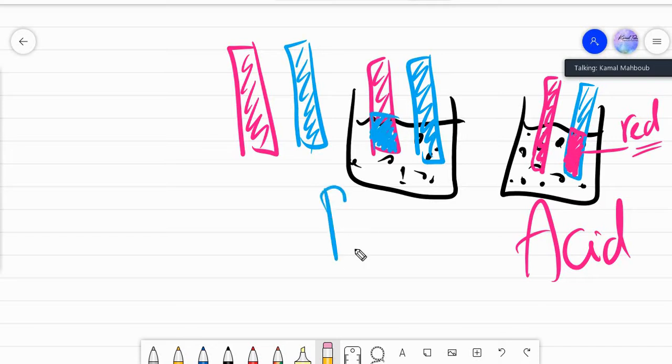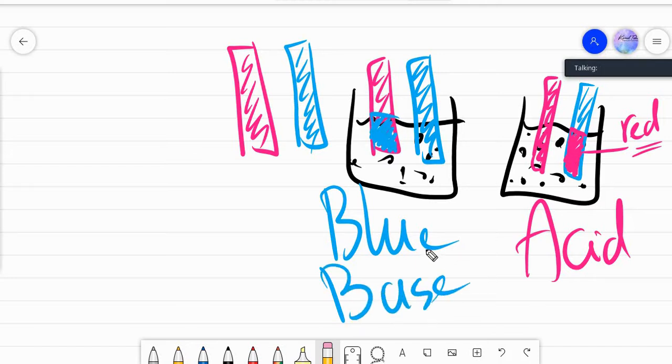When this one turns to blue, it means base. Can you see that here? Base turns the paper blue.